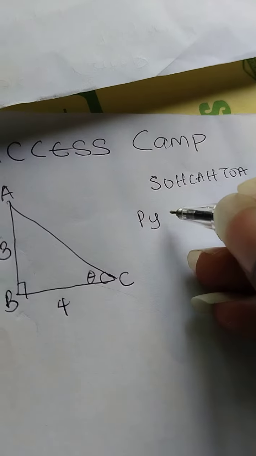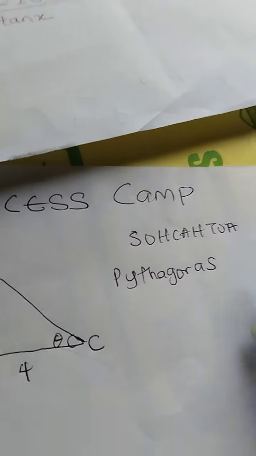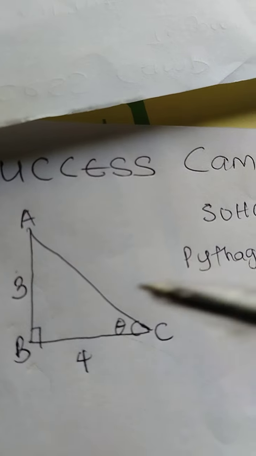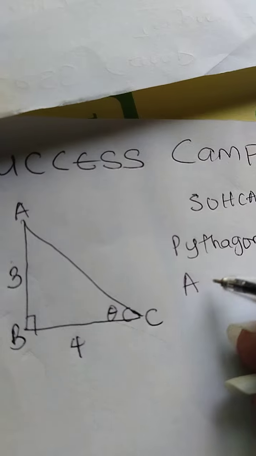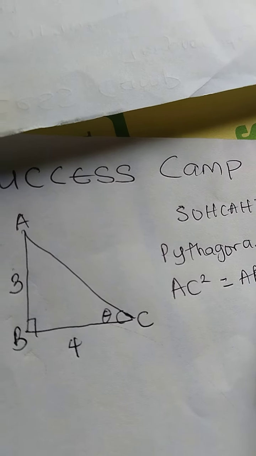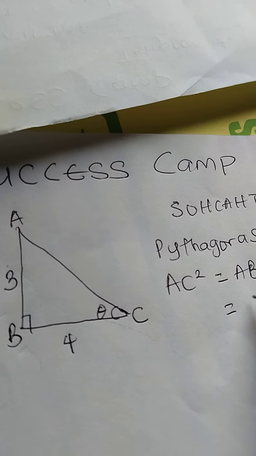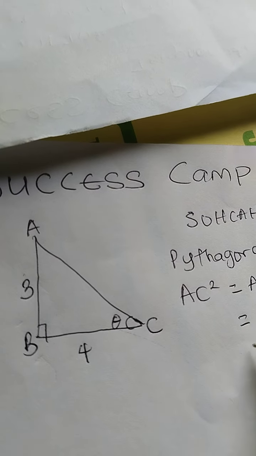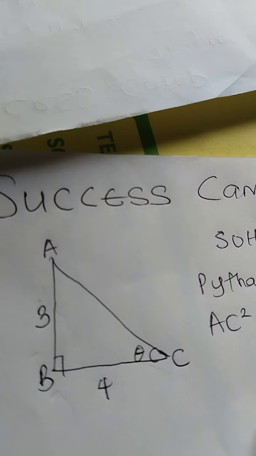So by using Pythagoras, since we're looking for the larger side, it will be the addition of the squares of the two smaller sides to get the hypotenuse side. So AC squared will be equal to AB squared plus BC squared, which is 3 squared plus 4 squared, 9 plus 16, which is 25.